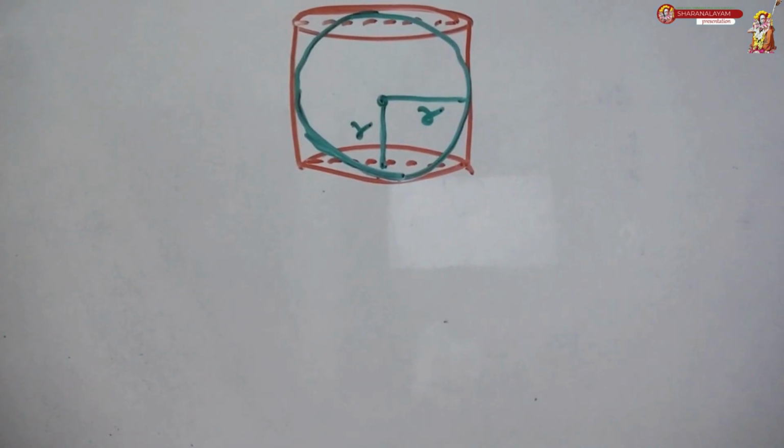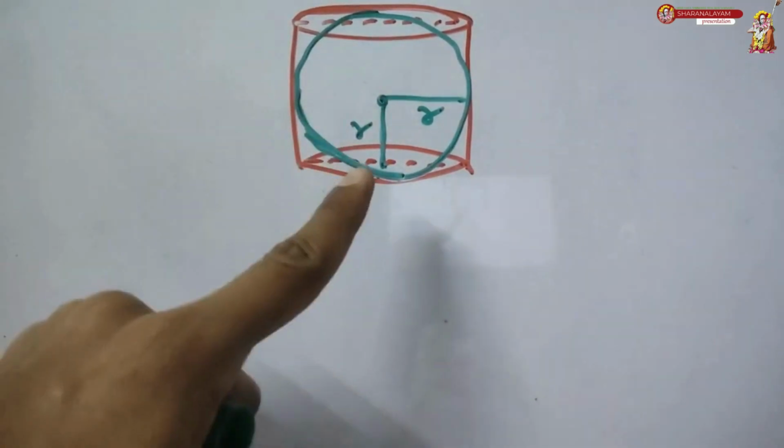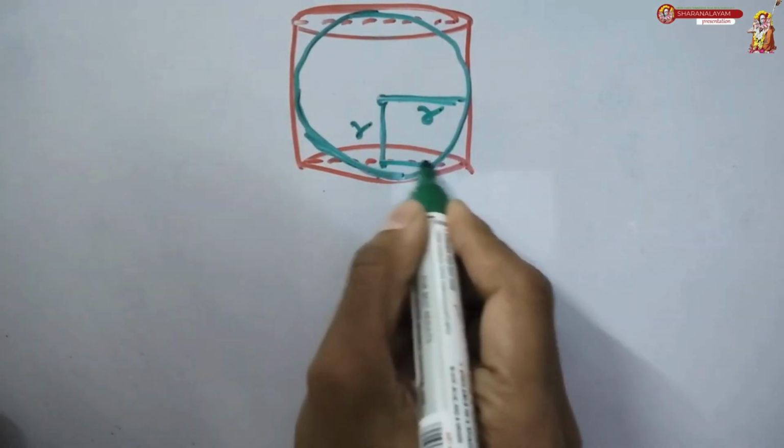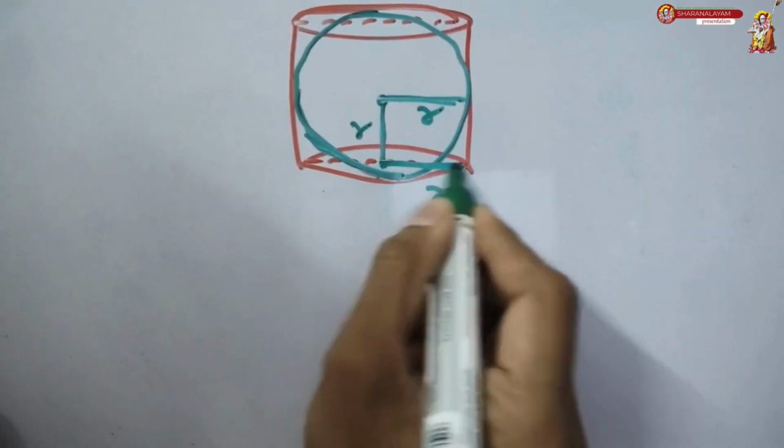Now we have to find out if the statement is true. What's the statement? The surface area of the sphere is equal to the curved surface area of the cylinder. Here the radius of the sphere is also equal to the radius of the cylinder, correct?